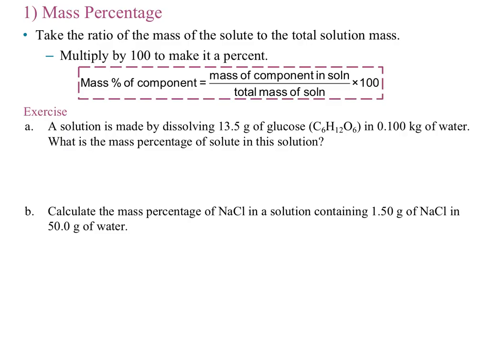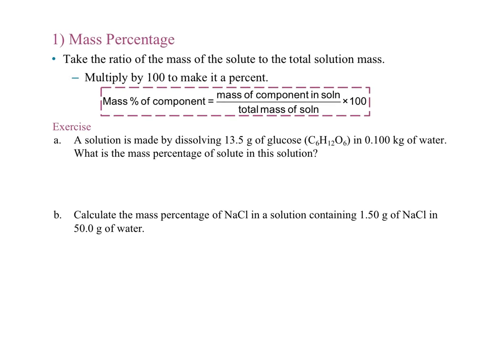So for mass percent, it is exactly what it is. It's the mass of a component, in general a solute, over the total solution. So if I want to know the mass percent of NaCl in my solution, I'm going to take my mass of NaCl over my mass of solution.